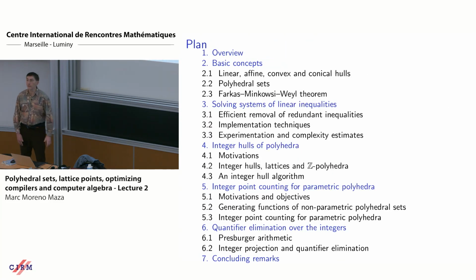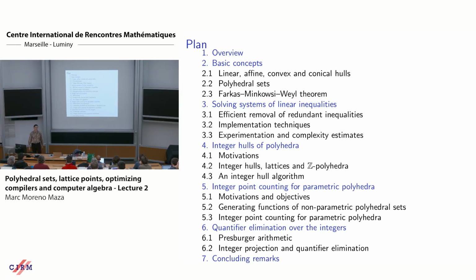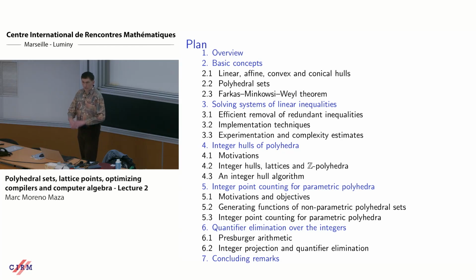So today I will talk mainly about the lattice points, or the points with integer coordinates, of polyhedral sets, discussing essentially 3 aspects. First, computing the integer hull of a polyhedral set. That's the first way of describing its integer points.